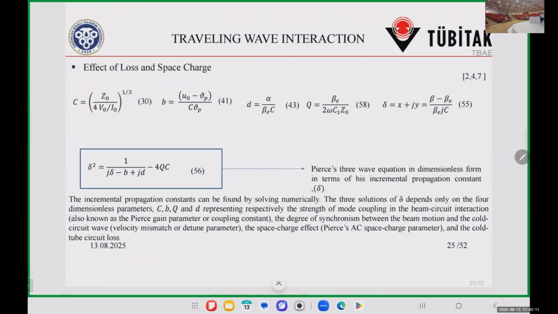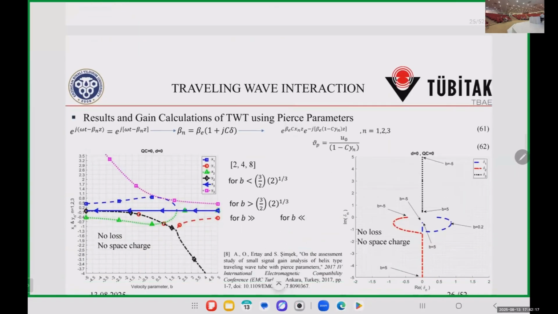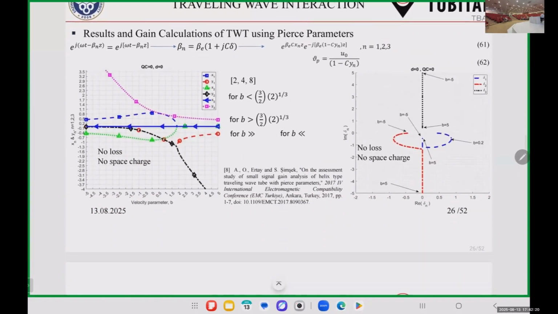So if we solve this equation 56, then we can say something interesting.